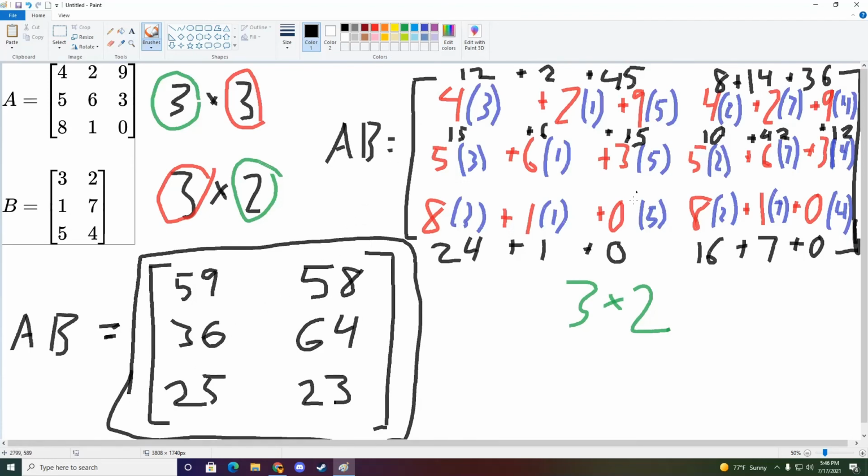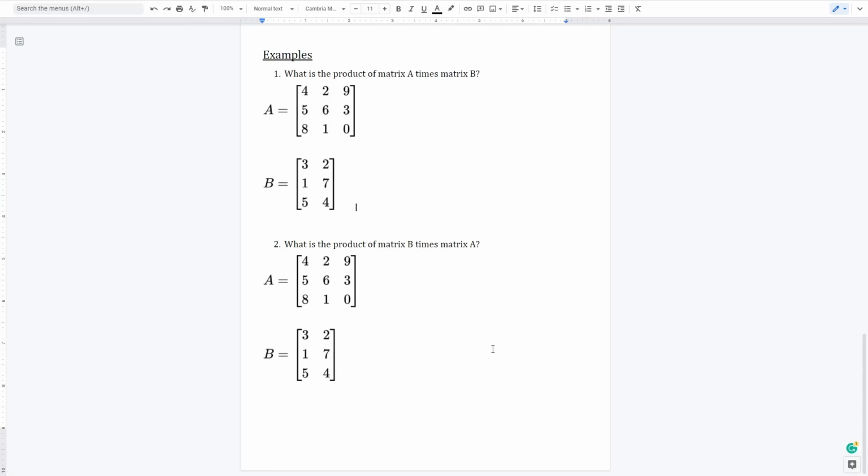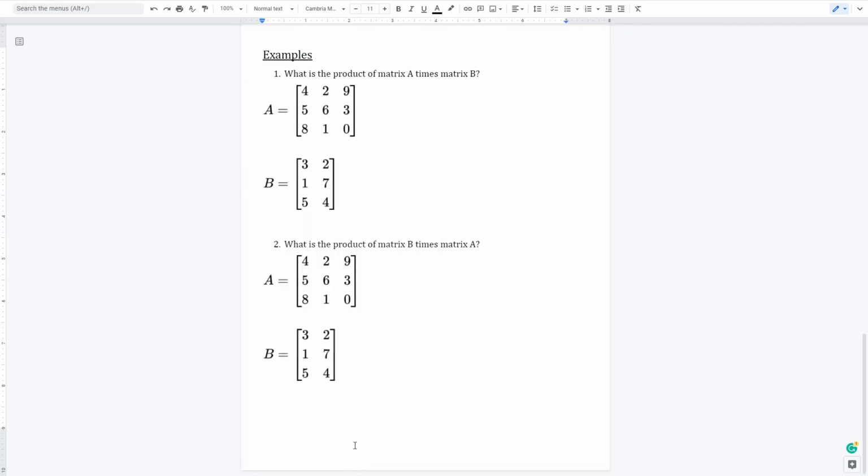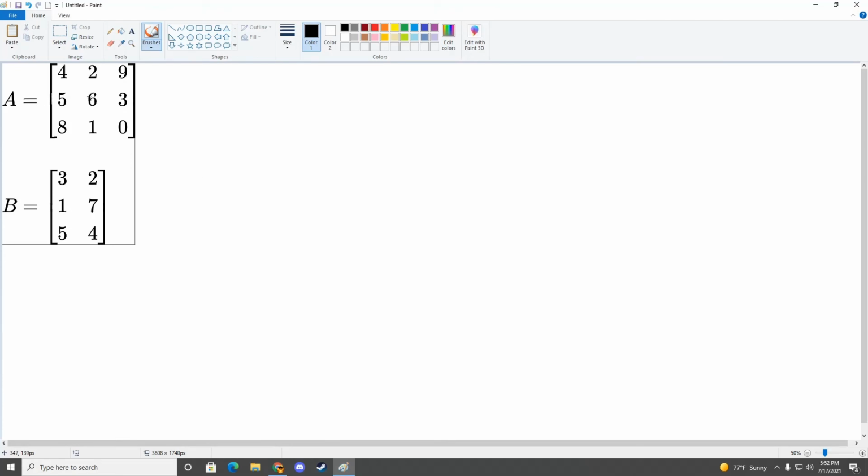Alright, and so that's essentially how you would multiply two matrices together to find the product here. And so before I end this video, I'm going to go over the last example. What is the product of matrix B times matrix A? So as you can see, this is the same problem as number 1, but even though it's the same problem, you can't actually solve it, because A is once again a 3 by 3, and B is a 3 by 2.